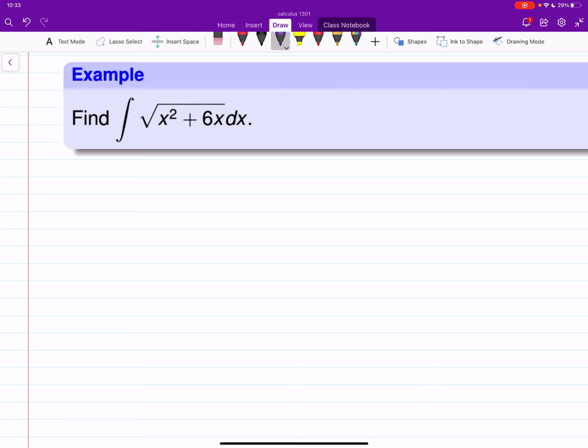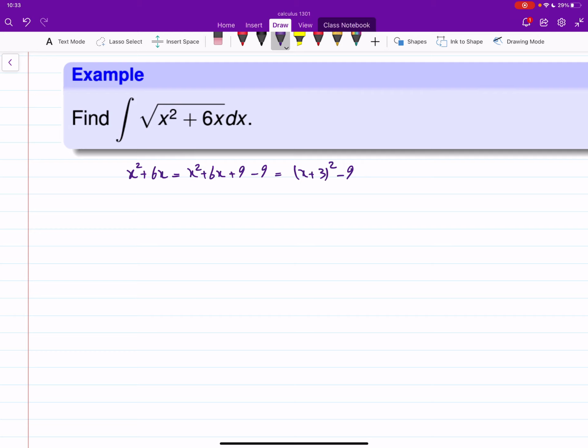But you should always remember that any quadratic polynomial can be turned into that form, something squared minus or plus another thing squared. That's called completing the square. Here, if I add 9 and subtract 9, I will get (x plus 3) squared minus 9.